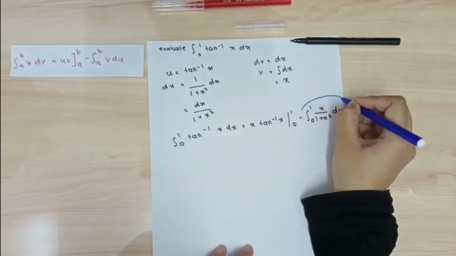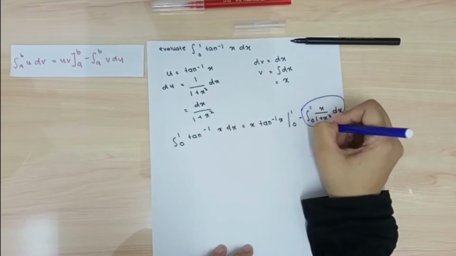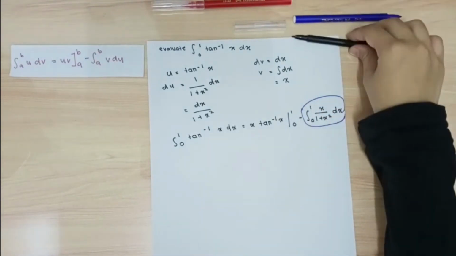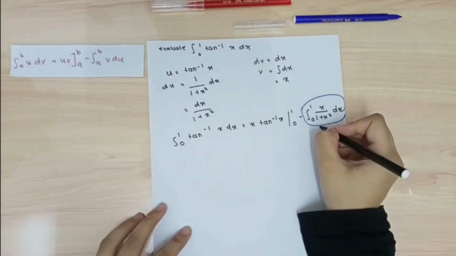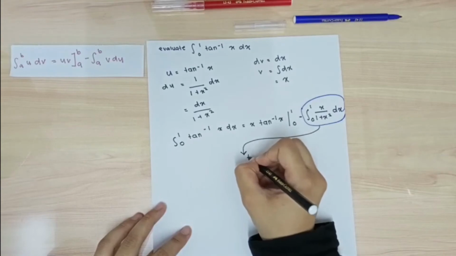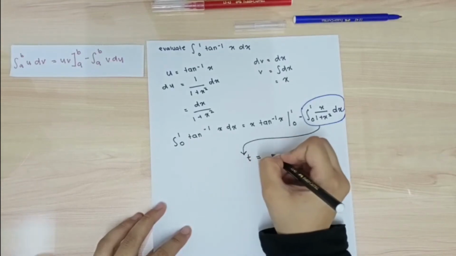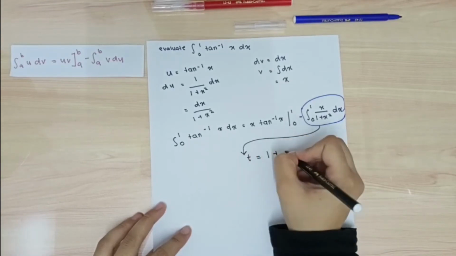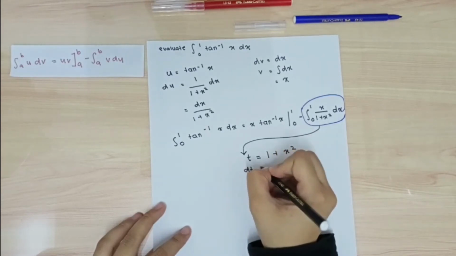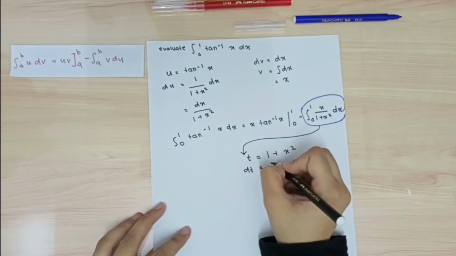Simplify the integral by using substitution. We will call the new variable t, using the substitution t equals 1 plus x squared. So dt will be 2x dx.